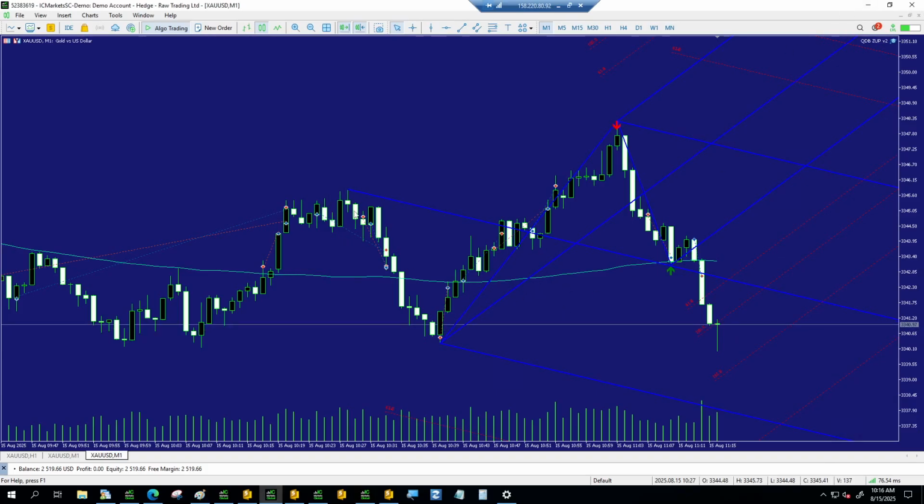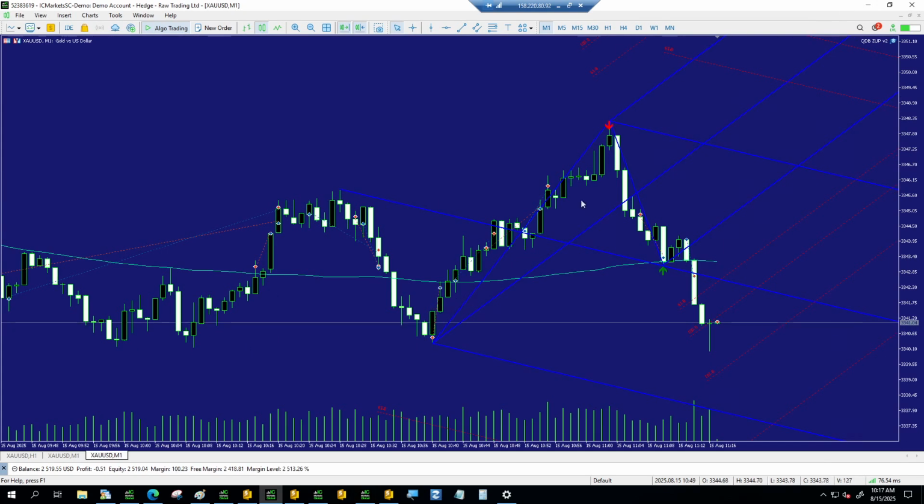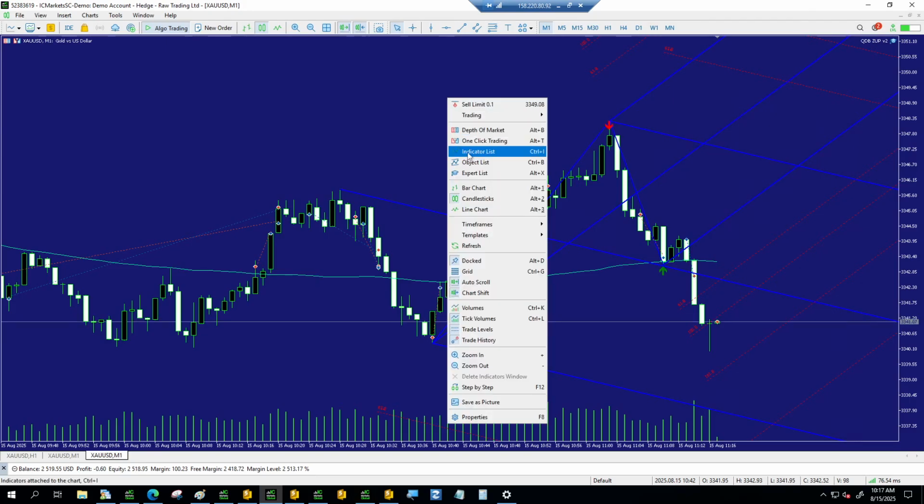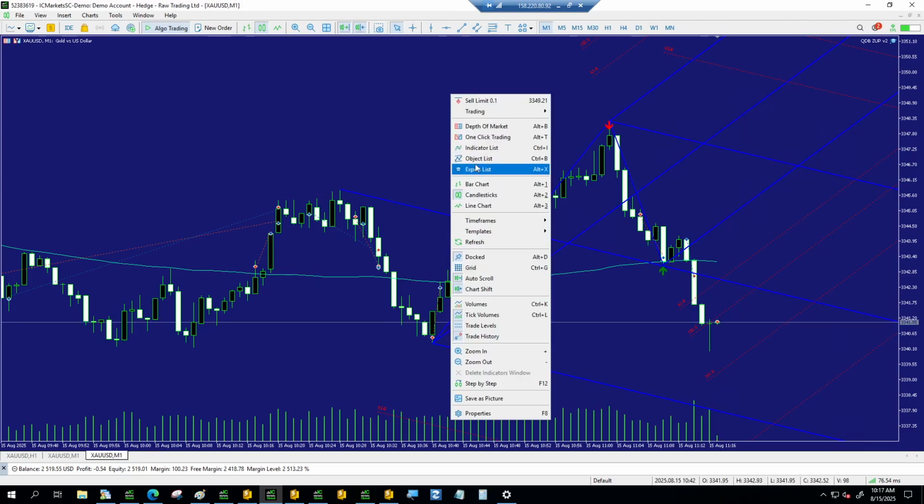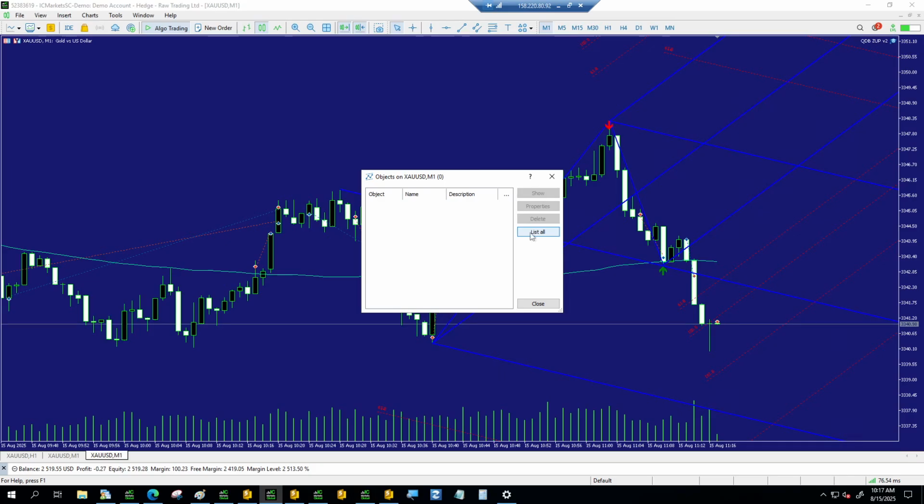And we had a sell because we had the A, B, C, D zigzag. So we knew that we were a sell. And what I'm going to do is go to the indicator objects list. We're going to clean up these pitchforks just a little bit.